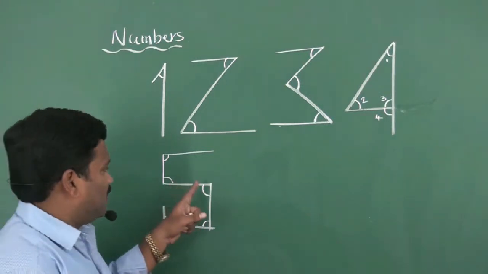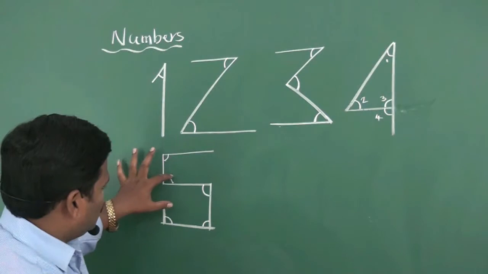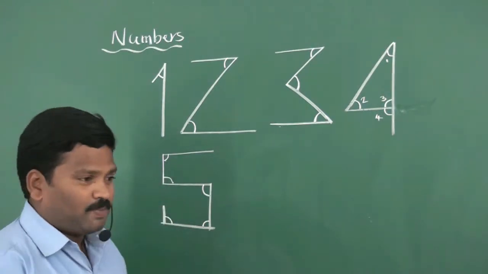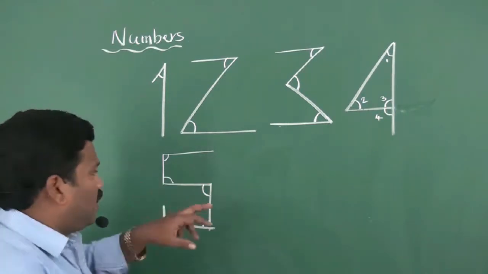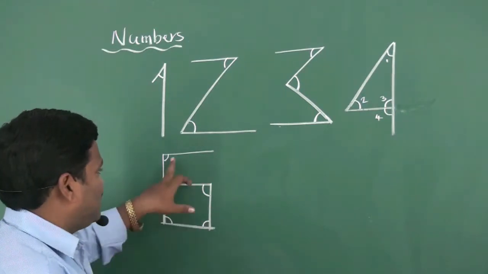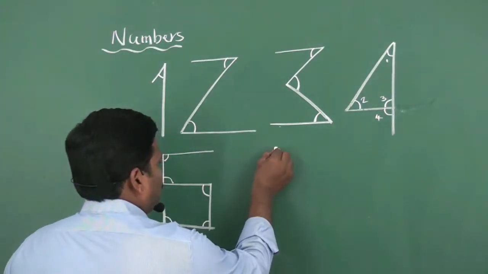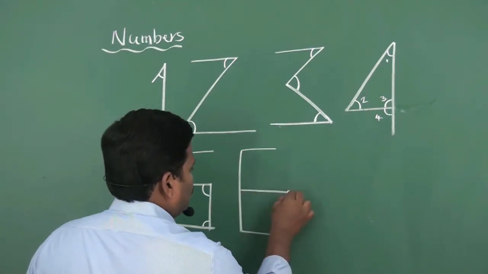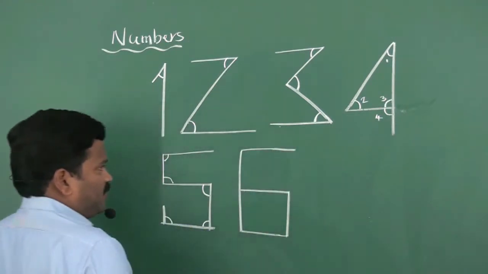In total, how many angles are there in this diagram? 5. Observe carefully: 1, 2, 3, 4, 5. That's why this figure is named 5. Likewise, observe this figure.